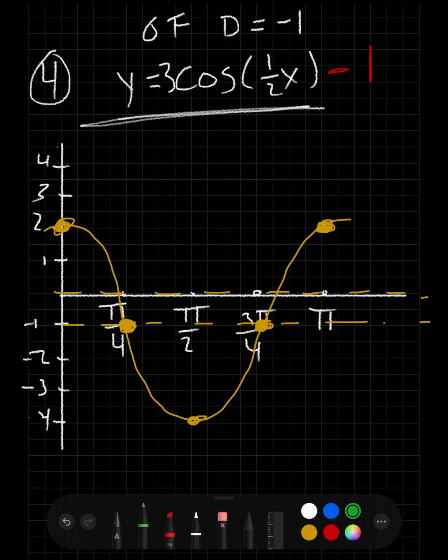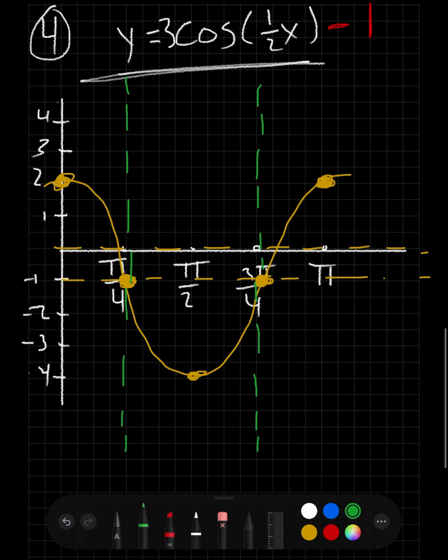So I'm going to go ahead and graph our secant in green. So we're going to have asymptotes here because my graph is touching my midline, and here because my graph is touching my midline. And then at each peak and valley, that's going to be the base of my U shape.